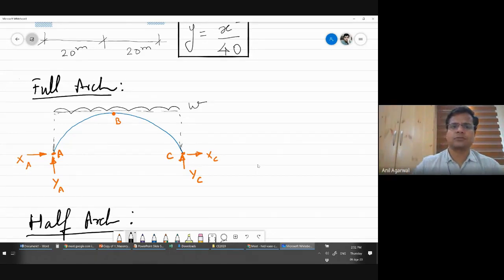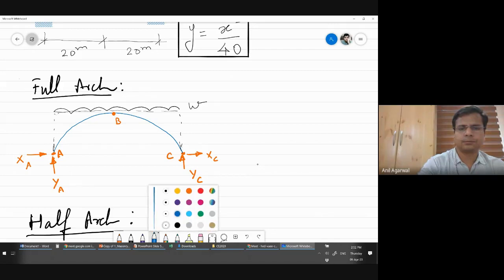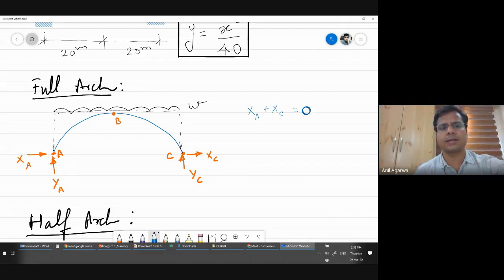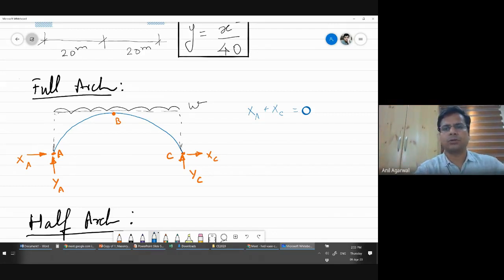Those reactions will be in such a way so that the entire arch is in force equilibrium. Agreed? So if I write the force equilibrium equations here, the vertical reactions will be balanced by vertical force, and horizontal reactions will be balanced by themselves. So XA plus XC will be equal to 0. Agreed? There is no other horizontal force acting on this entire system. So XA plus XC will be equal to 0.